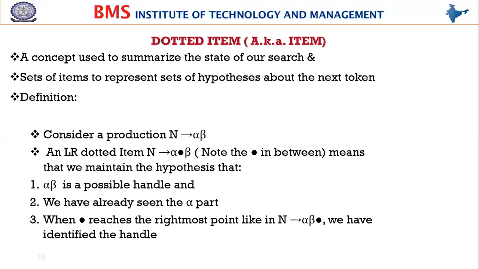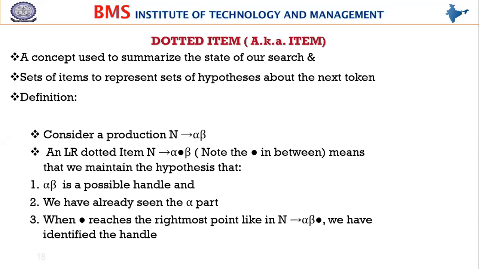If alpha is a non-terminal, then all productions of alpha should have been parsed. Alpha beta is a possible handle. We have already seen alpha, then only can we move the dot next. And when the dot has reached the extreme end, then only are we able to replace alpha beta by N.